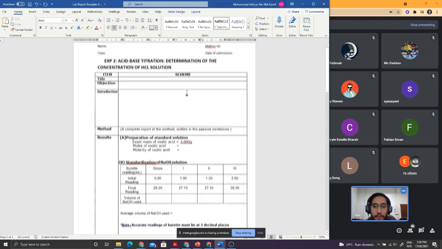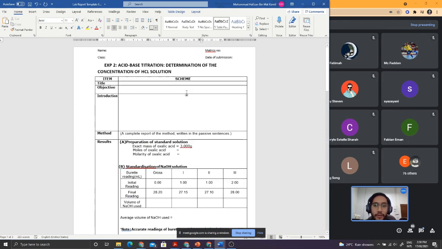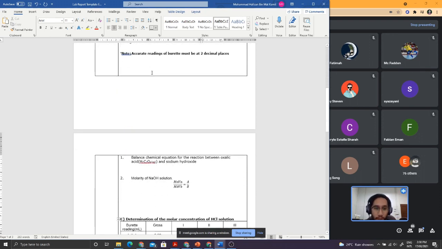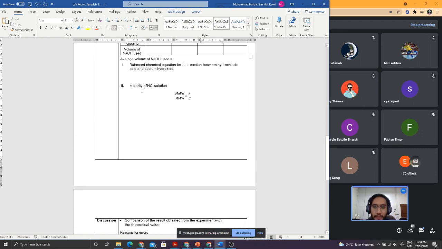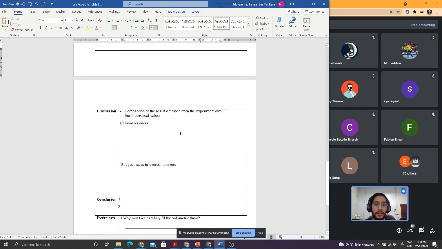So contohnya eksperimen this is, dia nak tahu concentration of HCl, so you bagi tahu lah apa the concentration of HCl yang you dapat, even though you dah tulis masa dekat sini you dah tulis kan. Untuk conclusion, tulis one more time.